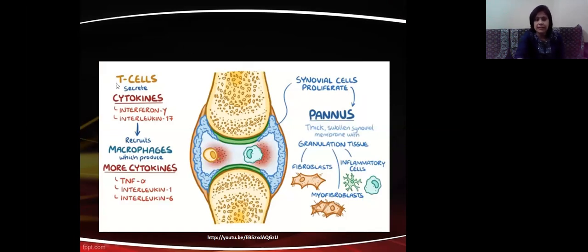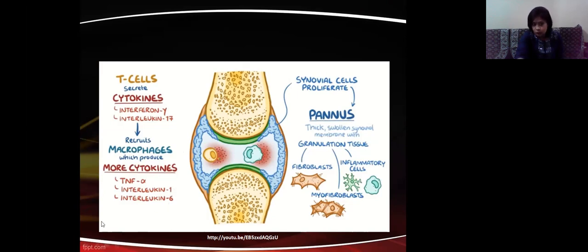These T cells, after reaching this joint space, will secrete cytokines like interferon gamma and interleukin 17. Now, these cytokines will recruit some more immune cells like macrophages, and these macrophages will produce more cytokines like interleukin 1, interleukin 6 and TNF alpha.